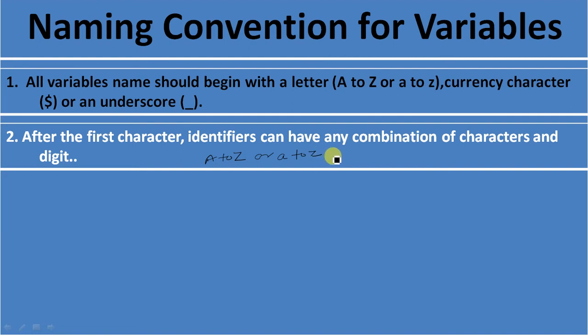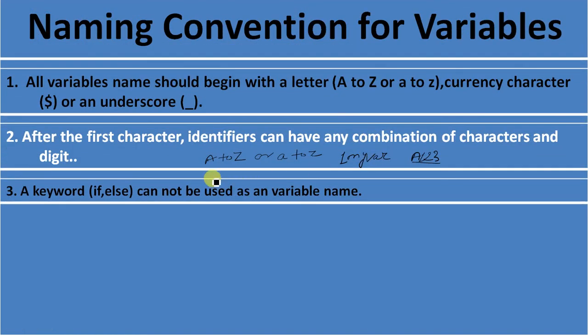But you cannot start a variable name with a digit, like 1myvariable is wrong. You can use digits after any letter, like a, then 1, 2 and 3. These combinations are valid, but the others are not valid.